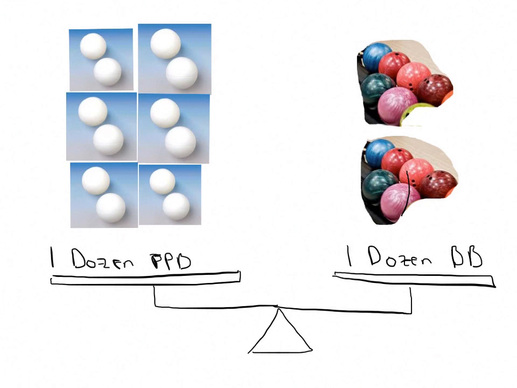We've got the same number of bowling balls as ping pong balls. So even though the number is equal, the mass is not equal, and that's okay. It's the same with chemistry. A mole of carbon does not have the same mass as a mole of copper, which does not have the same mass as a mole of aluminum, and so on for all the elements.